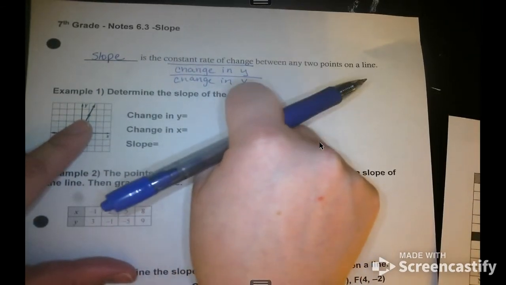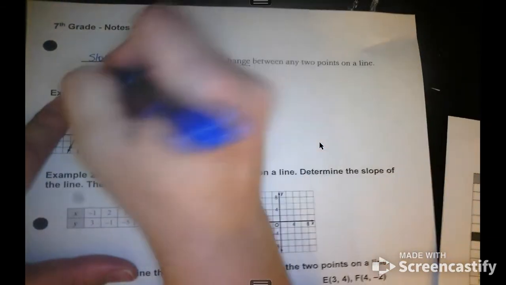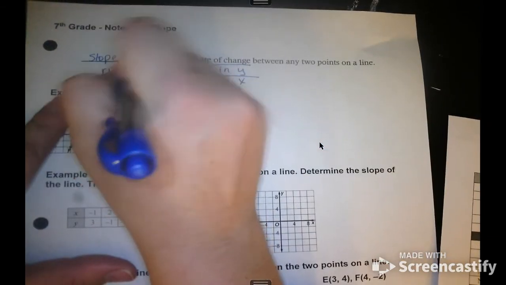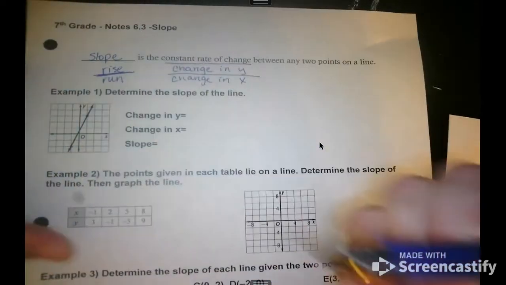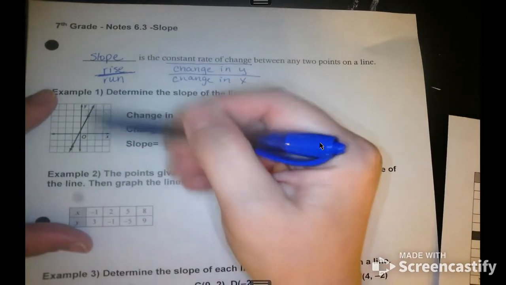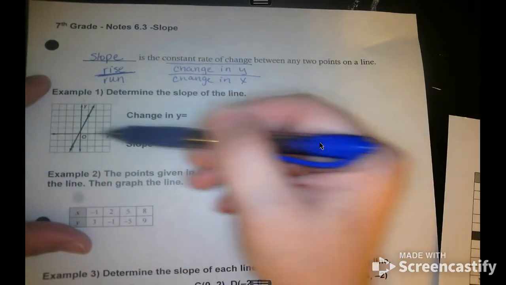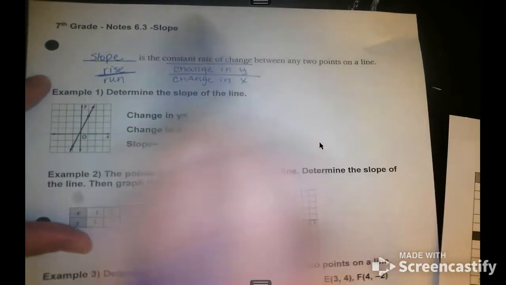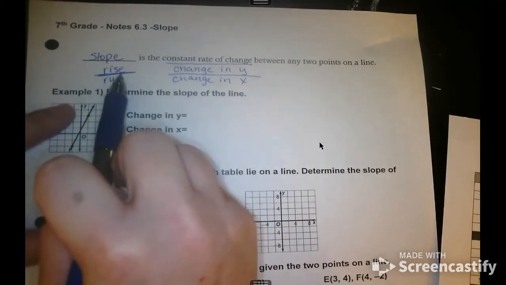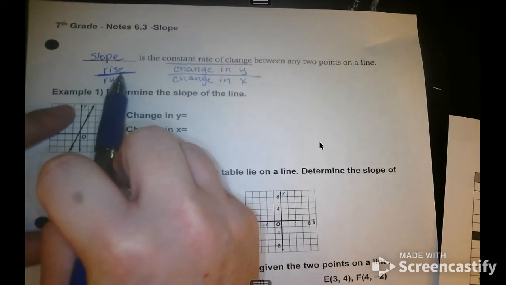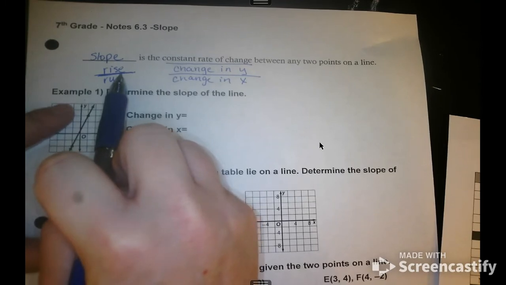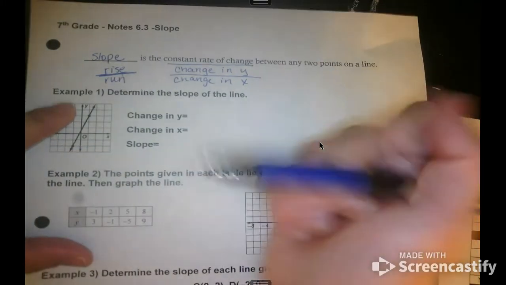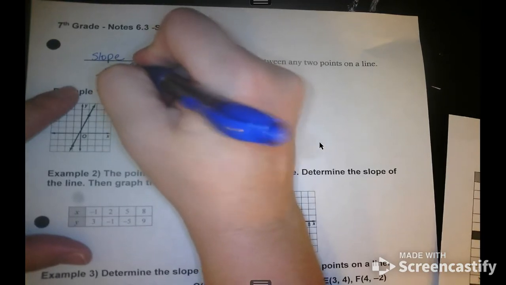But something else we're going to find a way to do it when we have a graph like this is called rise over run. Now, if you think about our graph, I have vertical directions and I have horizontal directions, right? So if I had rise, do you think that's going to go vertically or horizontally? Think about when the sun rises, is it going horizontal? It goes up. So vertically, right? So I can either go up or down.